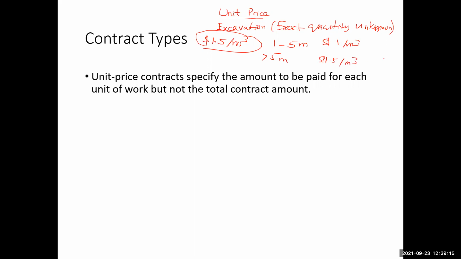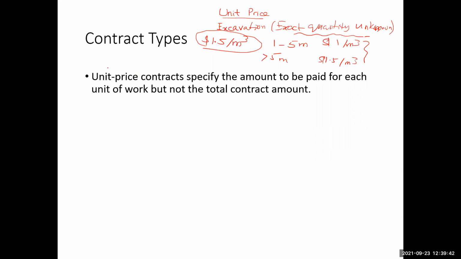So various types of rates or unit prices may be quoted, but the exact quantity will not be known, because for excavation works, how much we will have to excavate is uncertain. At some places they may need more excavation, the site may not be uniform, may not be leveled. So the exact quantities are not known. For those types of contracts, unit price contracts are performed.